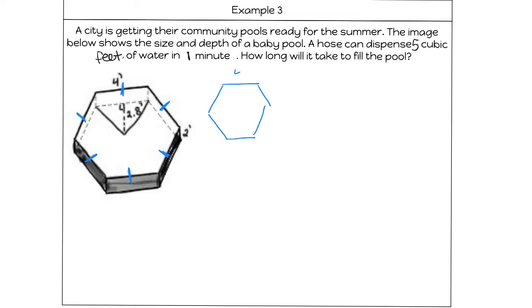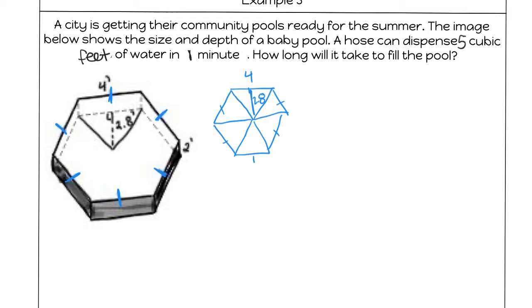Okay, so it's a hexagon. Each side is 4 feet. And it is made up of equally sized triangles that have a height of 2.8 feet. Okay. So our area of this base is going to be whatever the area of that triangle is times 6.